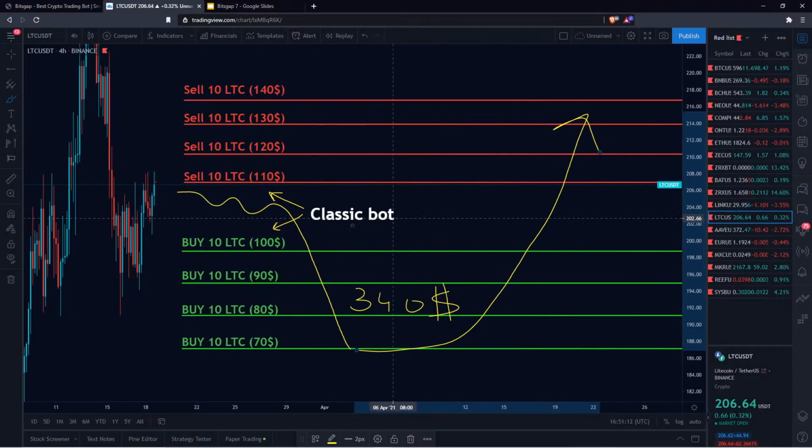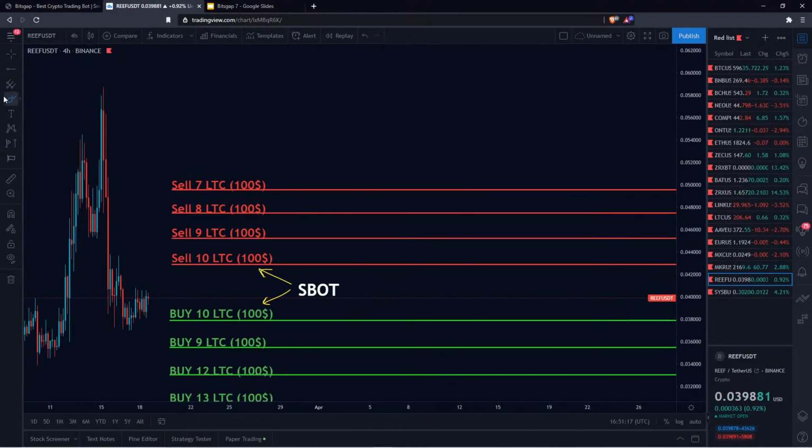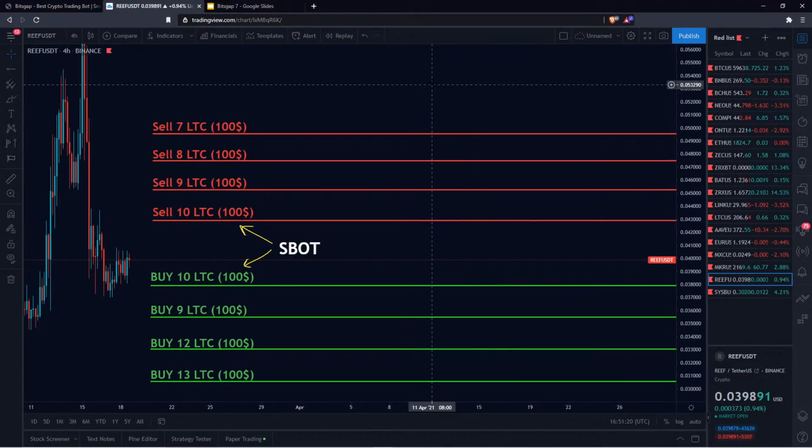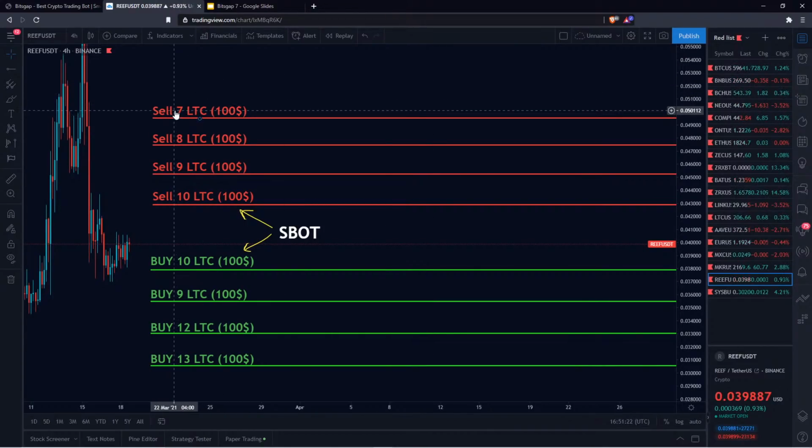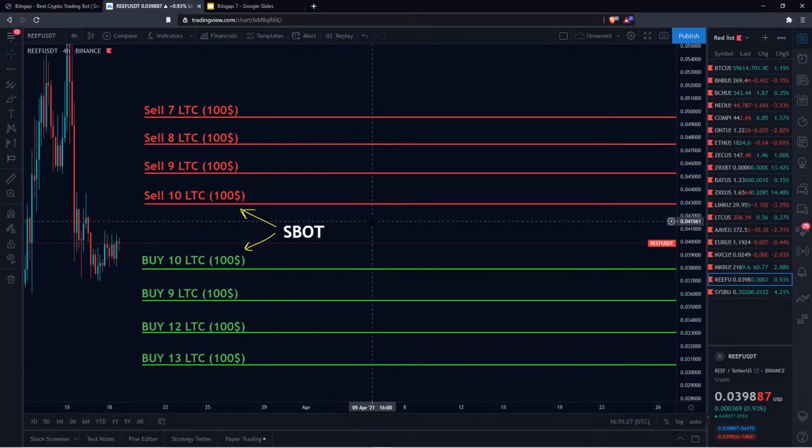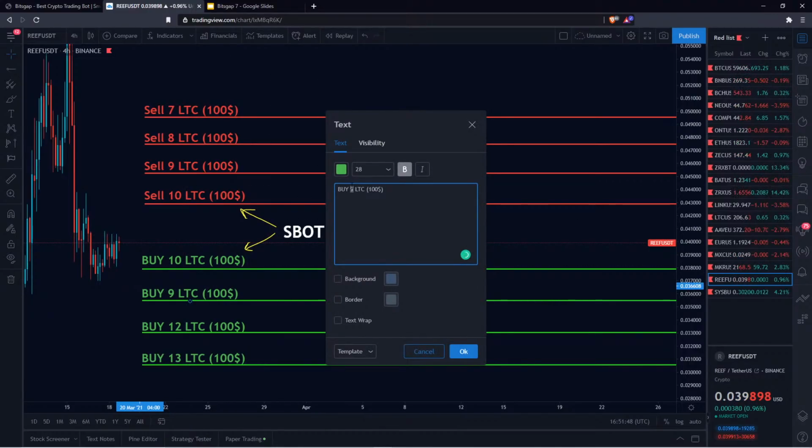But comparing this scenario with the SBot, and I have it here on Reef. On Reef, the SBot doesn't stick with the fixed amount of coins. It sticks with the fixed investment value. So it always buys worth $100 and sells worth $100. So if you can only buy 10 LTCs, then in this case it's gonna buy 10 LTCs.